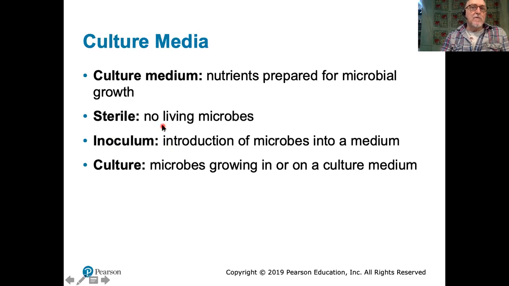The media that we use is always sterilized. It is sterilized to ensure that we have control over what grows on it. This is a big problem in any microbiology lab, and that is that we want to keep our cultures pure. We want to prevent contamination.